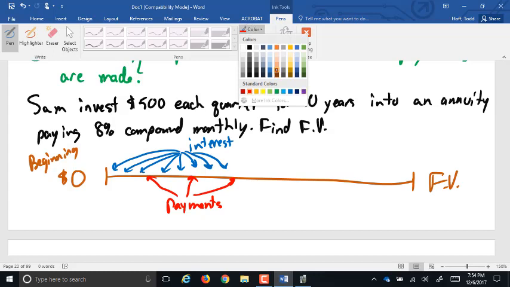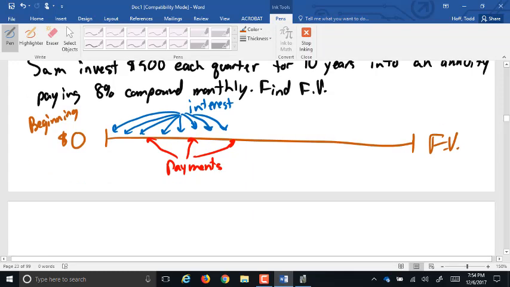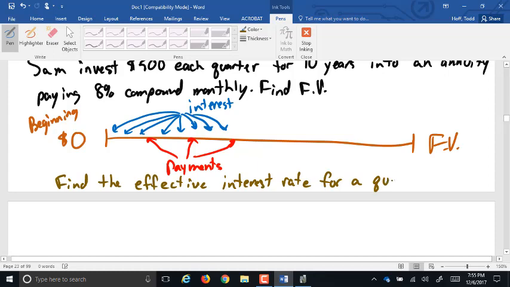So the interest is coming in between payments. To make this work, we must find the effective interest rate for a quarter. Why a quarter? Because that's the payment frequency.